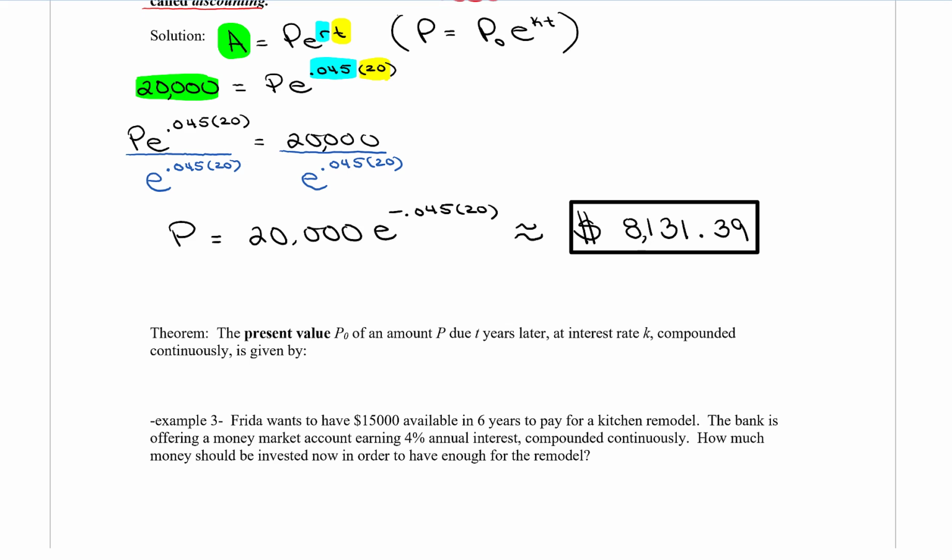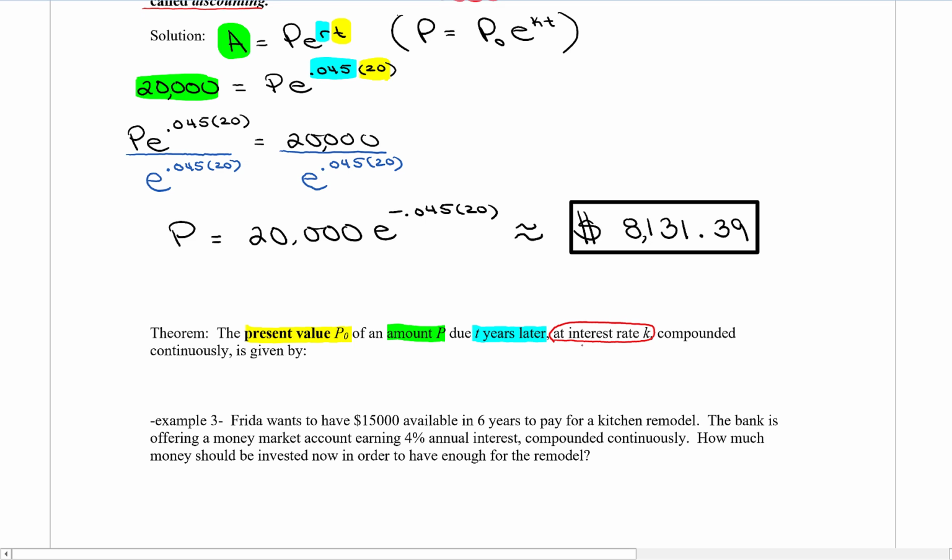Theorem. The present value P sub 0 of an amount P due t years later at interest rate k compounded continuously is given by, I'm going to highlight the words present value P sub 0 in yellow. I'm going to highlight where it says amount P in green, and I'm going to highlight t years later in blue.